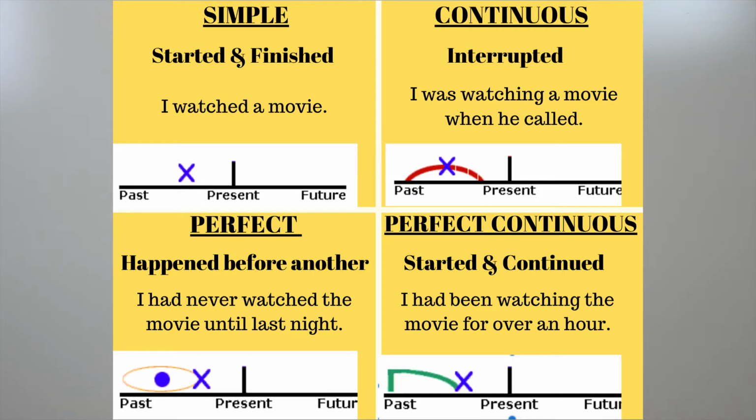Let's go ahead now and start with the past simple. The past simple is very common and a basic part of the English language. Generally speaking, we form the past simple by adding the two letters ed to the main verb.